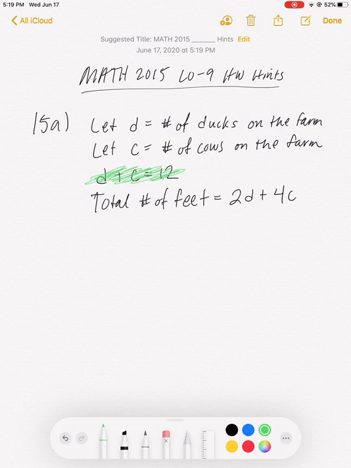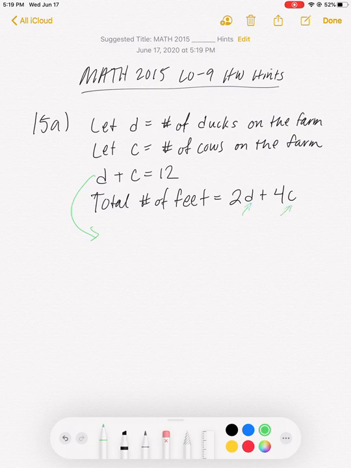And so the total number of feet is only possible to write with 2 variables. There's no way to simplify it more and write it with 1 variable. But since I know another relationship between D and C and 12, I can rewrite D plus C in a different way and then substitute it into my original expression for D or C.